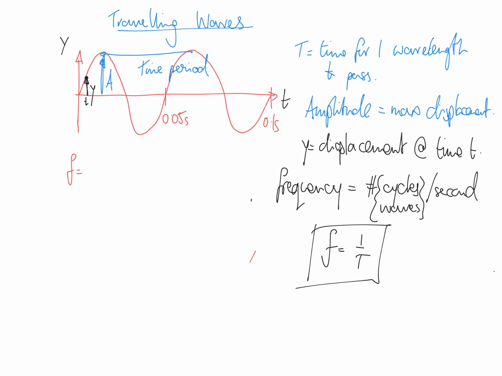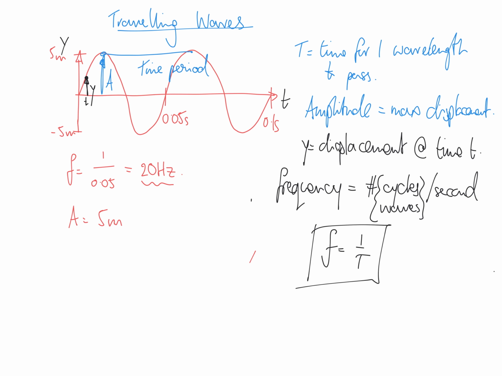Well, the frequency is going to be 1 over 0.05, which gives us 20 hertz. If this were running at, say, 5 meters and minus 5 meters, then the amplitude would be 5 meters. And I think that really sums up all that you knew about basic theory about waves.